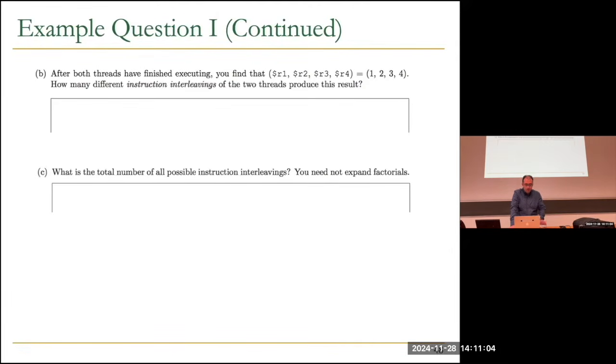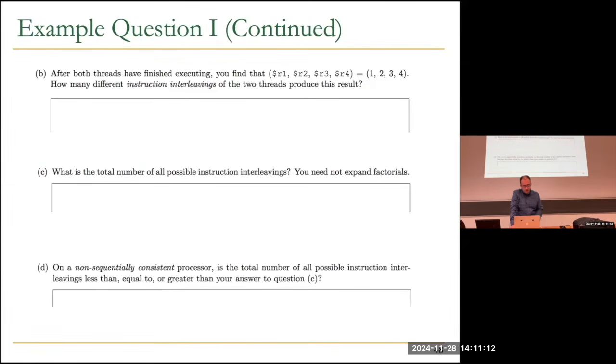What's the total number of all possible instruction interleaving? You need not expand factorials, essentially, here. On a non-sequentially consistent processor, is the total number of all possible instruction interleavings less than or equal to or greater than your answer to question C? This is also interesting to think about.